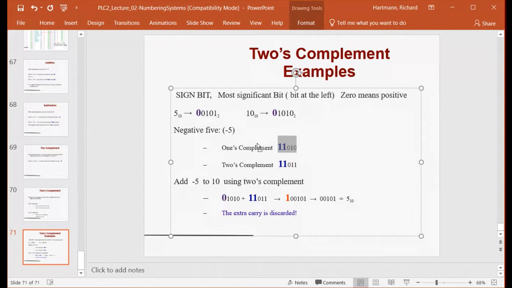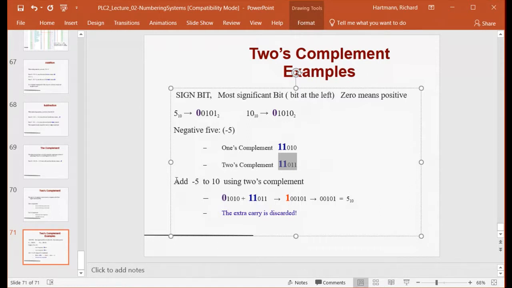And that makes it the ones complement, right? So everything up here that was a 0 is now a 1. Everything that was a 1 is a 0. That's ones complement. Then I'm going to add one more. This is the twos complement. So this is -5. This is -5 in twos complement form inside of my PLC or my computer.